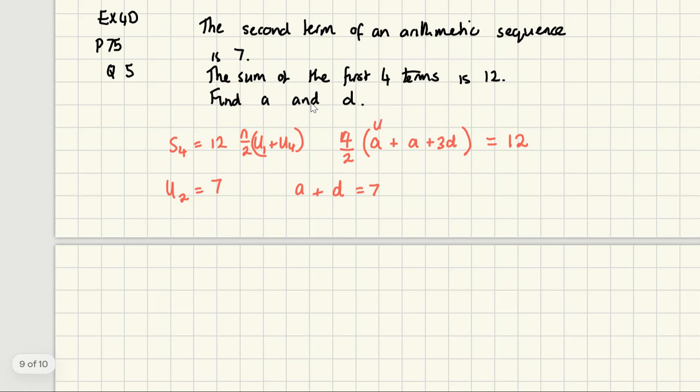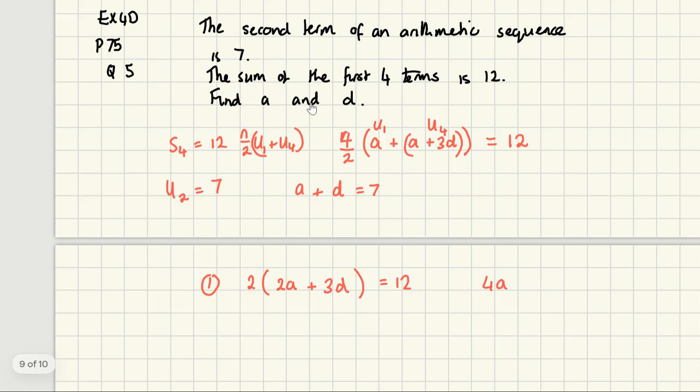A is U1, A plus 3D is U4, which is the final one. So we've then got 2 equations, haven't we? Simplify 4 over 2 is 2. We've got 2 times (2A plus 3D) equals 12, which I might as well expand to 4A plus 6D equals 12, or that if you want.